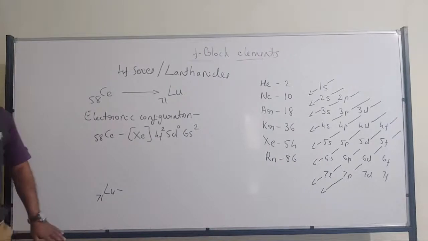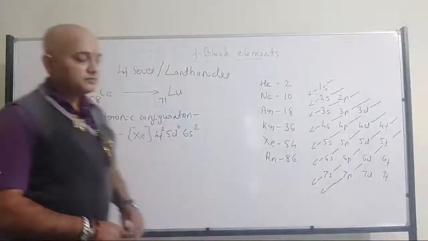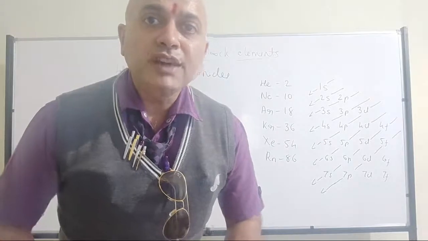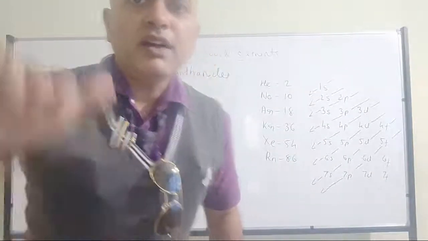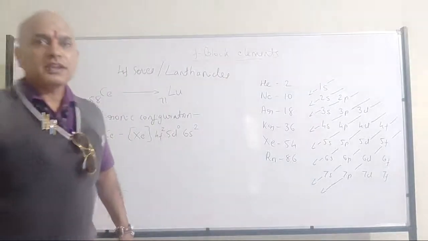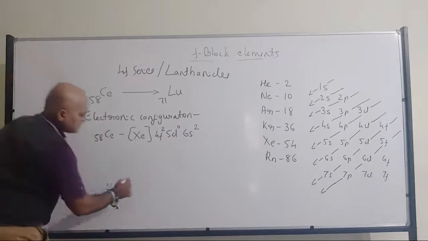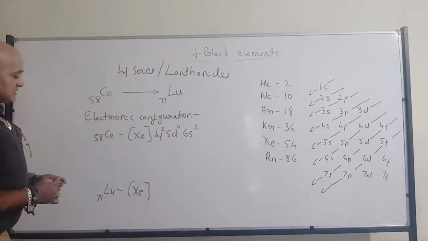Fine? All of you have understood? So now we have lutetium. Any one of you? 5d1, 6s2. Kirtana, how can you forget 4f? We have to take the help of xenon.